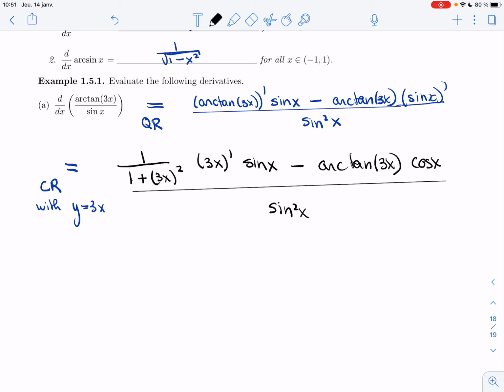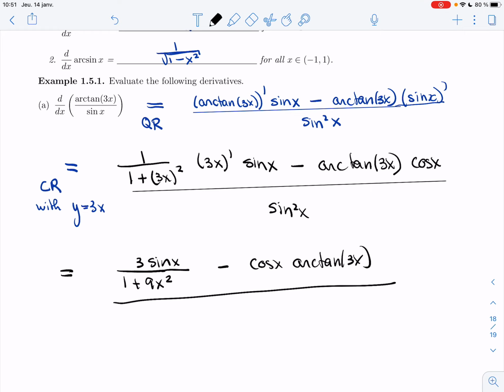The derivative of 3x is just 3, so I get 3 over 1 plus 9x squared times sine of x, minus cos of x times arctan of 3x. I'm not sure why, I feel it's nicer to switch the order, but it was fine the way it was, and sine squared of x. So here's the answer.